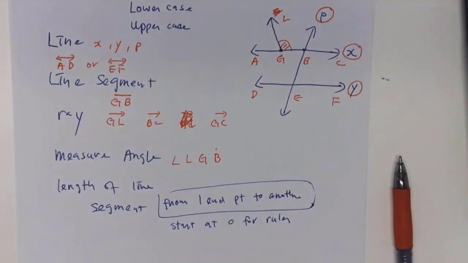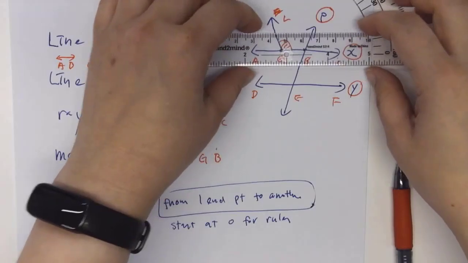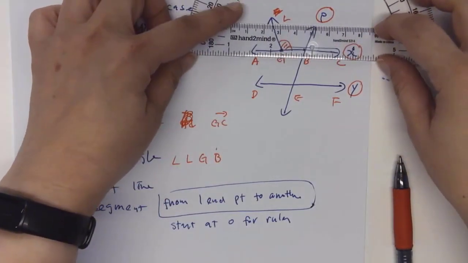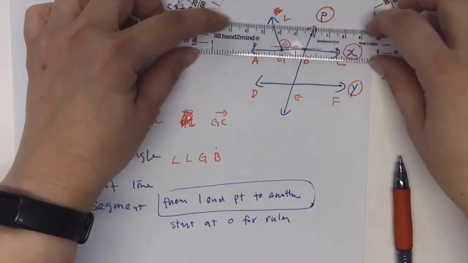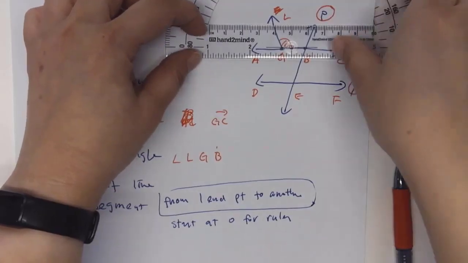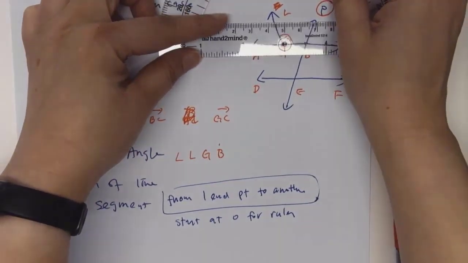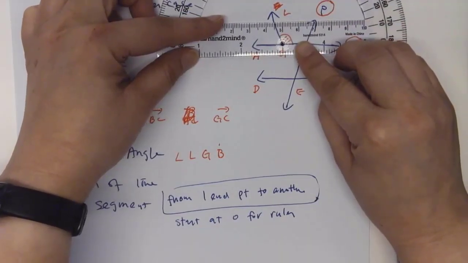So what do I do with my protractor? Line the bottom line with that, and then what? Like here? No, I need to move where? The circle needs to go to the vertex of the angle. That's the proper terminology. And the bottom part should line up with the bottom line here, and then what?